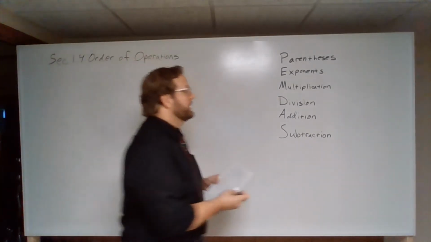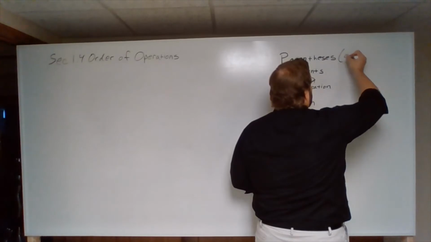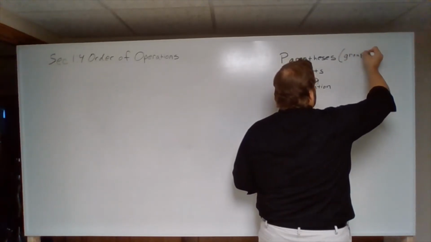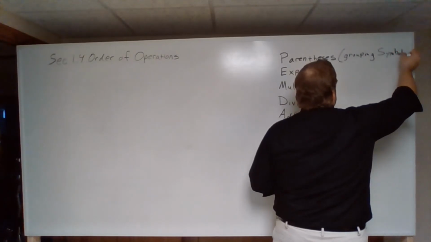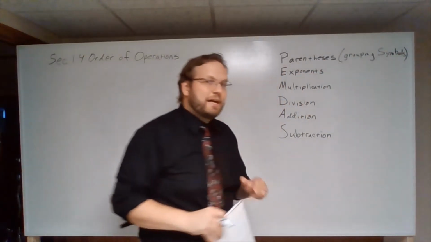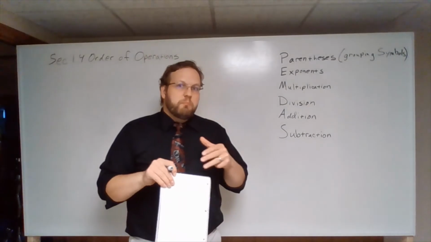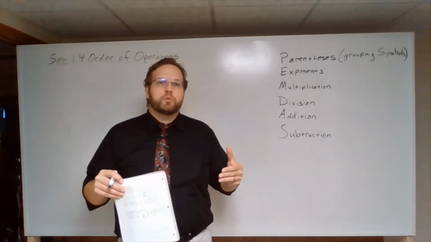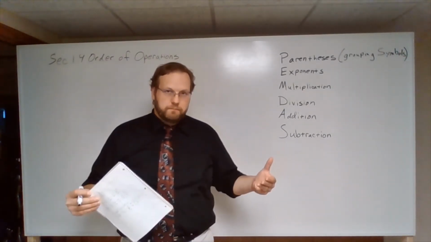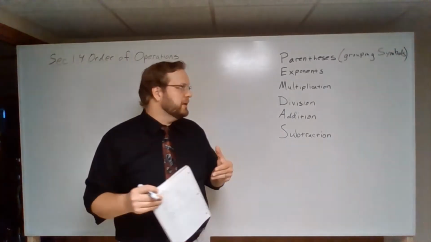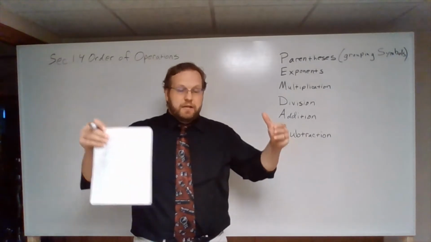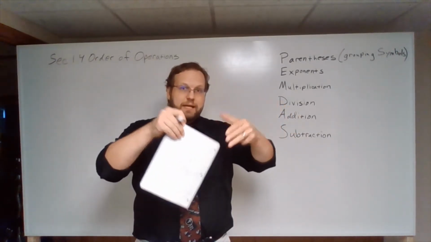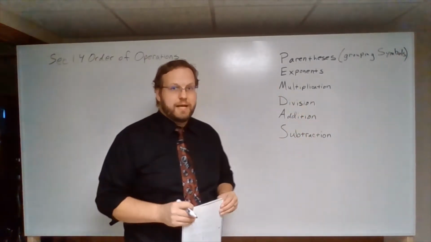Now, when we deal with multiple grouping symbols, you always work your way from the inside out. We're going to see an example of that in a couple minutes. It's not that you do all the grouping symbols in one shot. If there are multiple, work on the inside and then slowly inch your way outward.